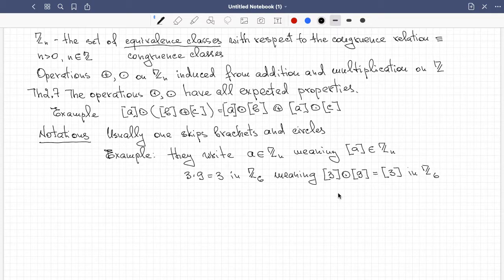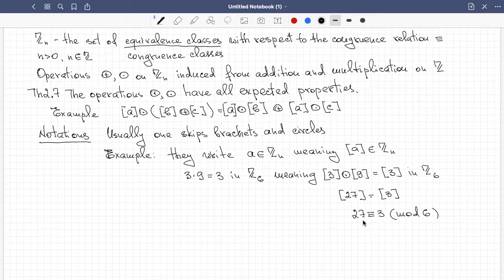This is indeed true because 3 times 9 is 27, and 27 is in the same congruence class as 3 because 27 is congruent to 3 mod 6.